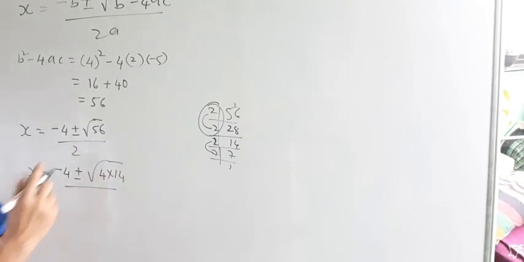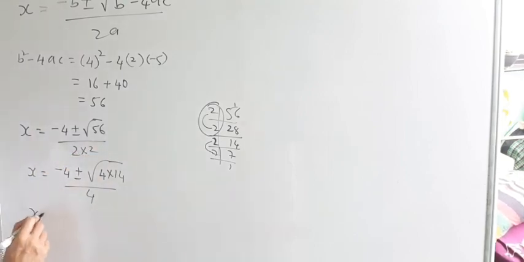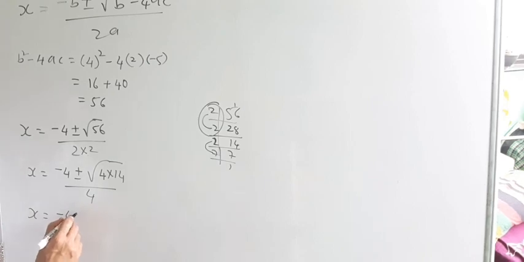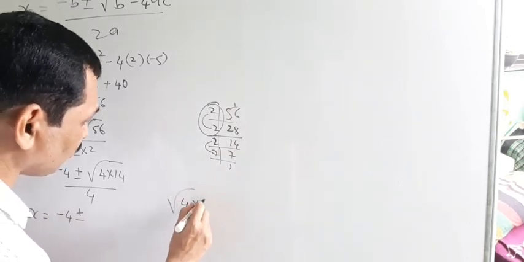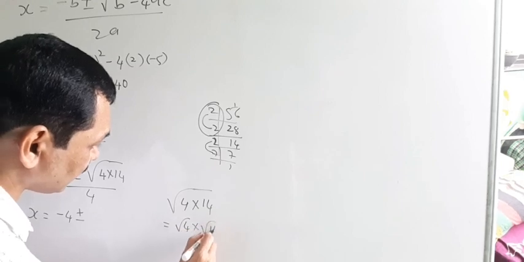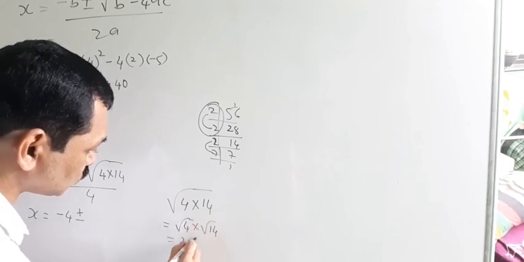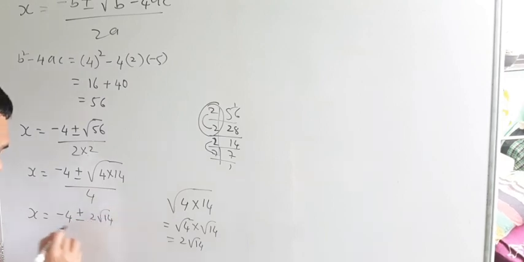So I am substituting the value of 2. So it is upon 4. Root of 4 into 14 can be written as root of 4 into root of 14. So root of 4 is 2, giving 2 root 14 upon 4.